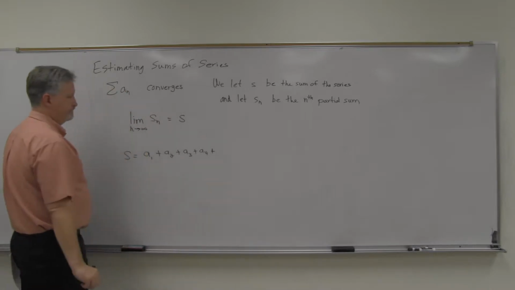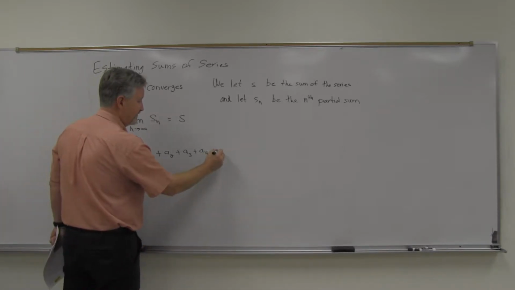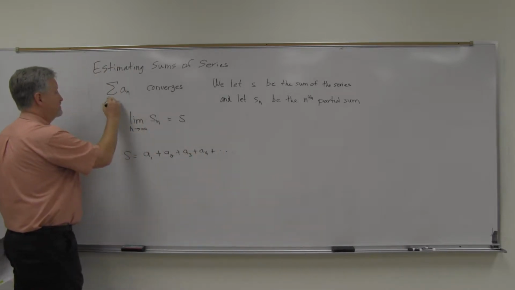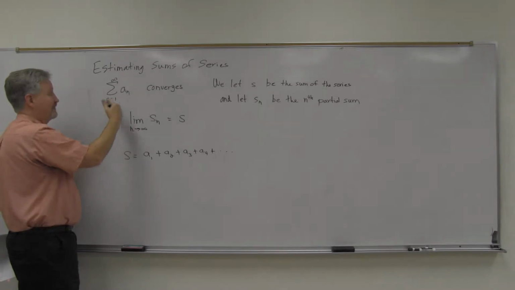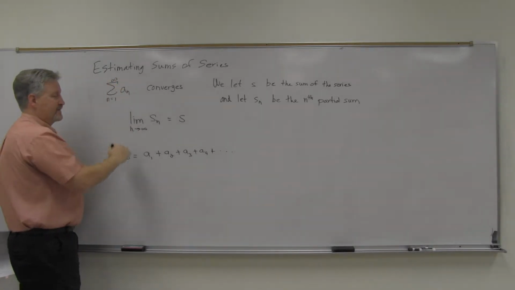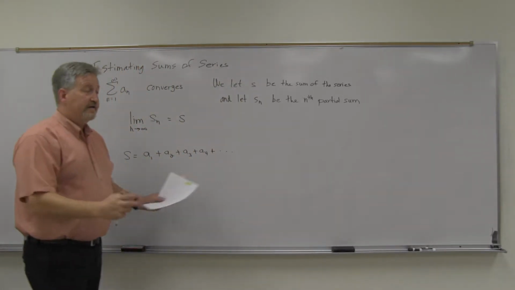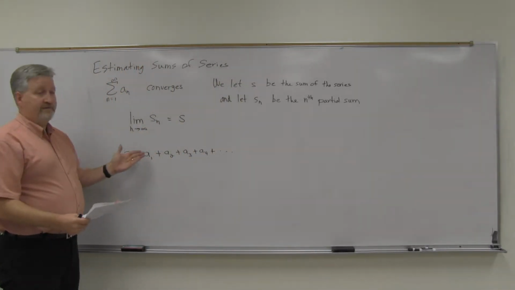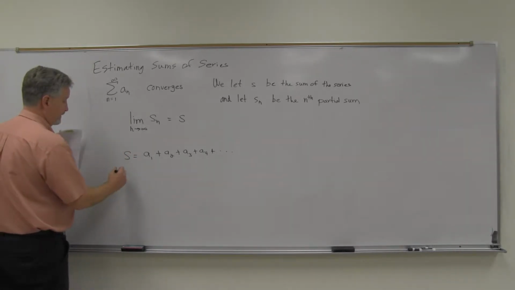Does S ever stop? No. Usually n equals 1, but wherever n starts, it's going to infinity. So S continues out to infinity, right? But it converges, so there is a number that this equals, and that's what we're trying to figure out.